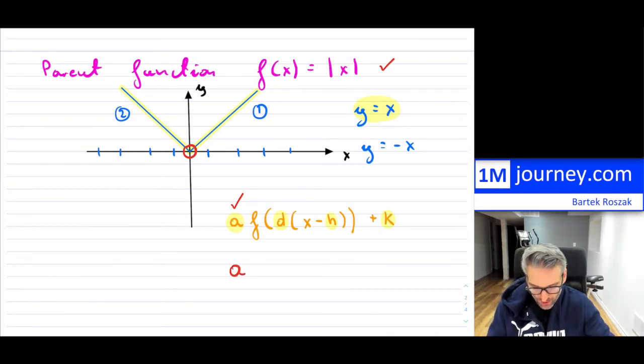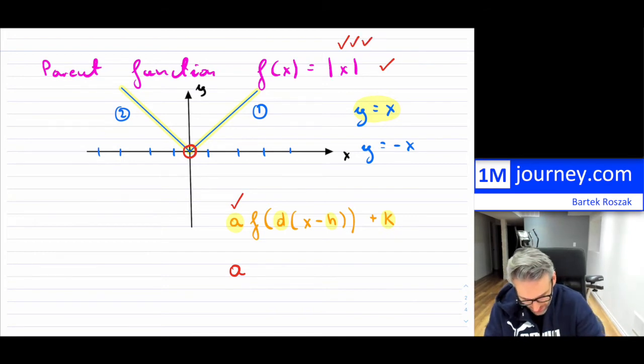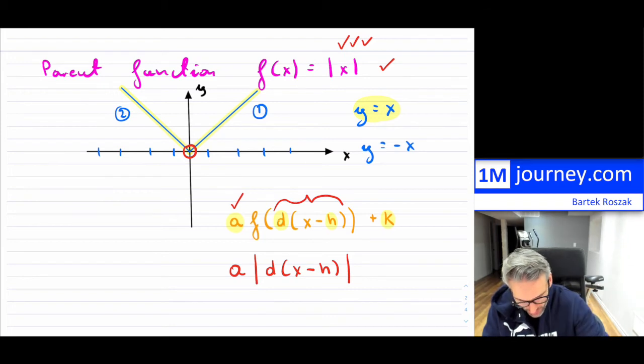We're multiplying this parent function by A. We're substituting this into our function, so this is going to be d(x − h), because we've substituted for this x. We've substituted all of this.